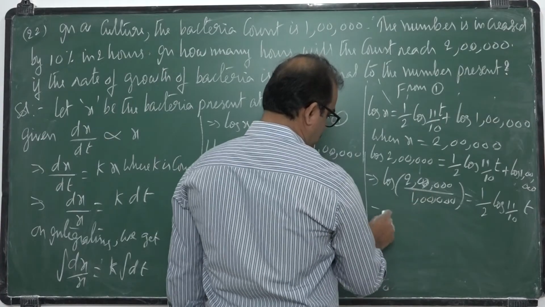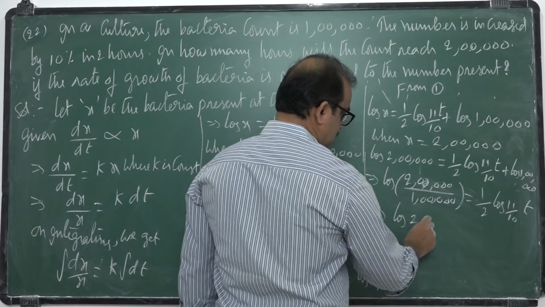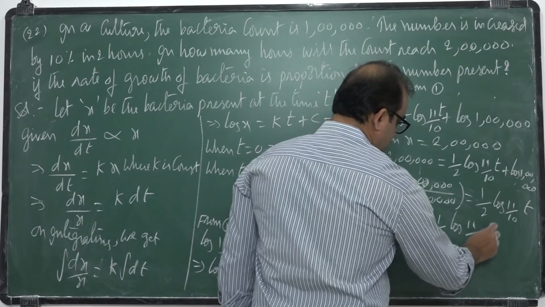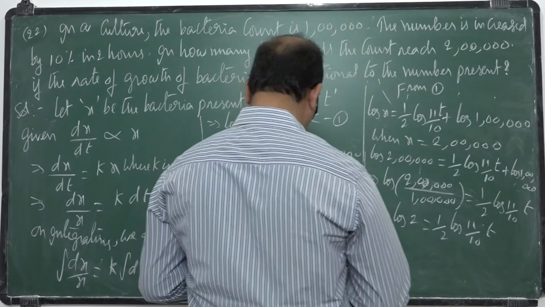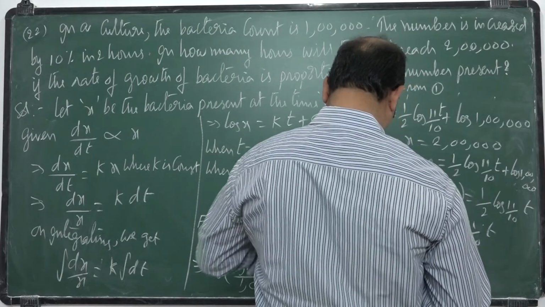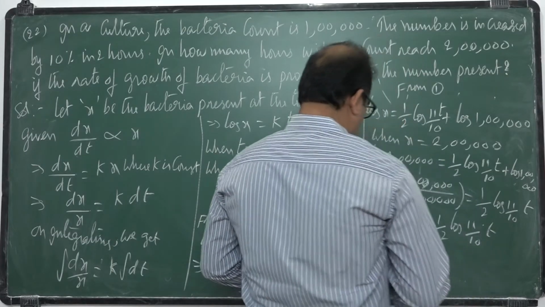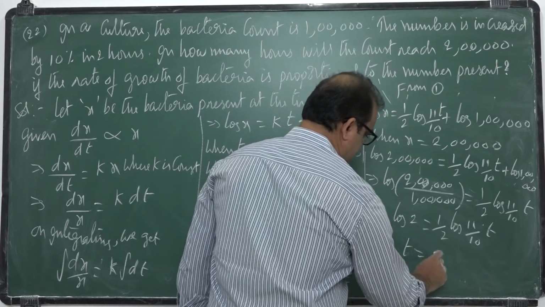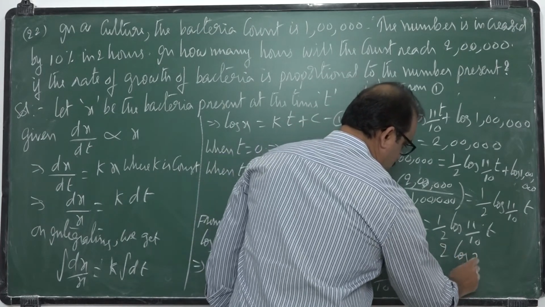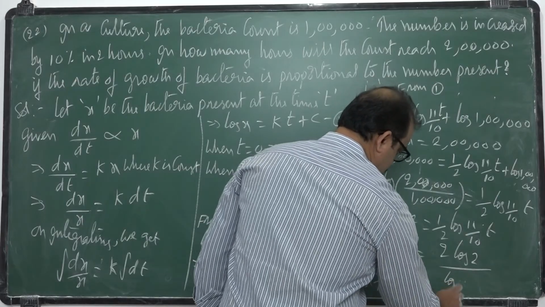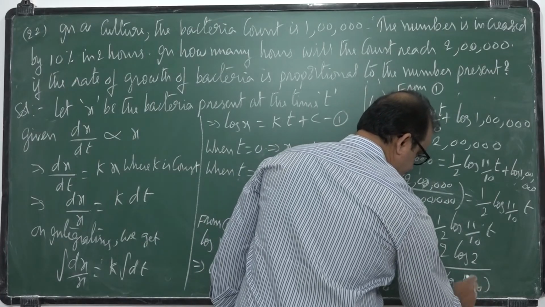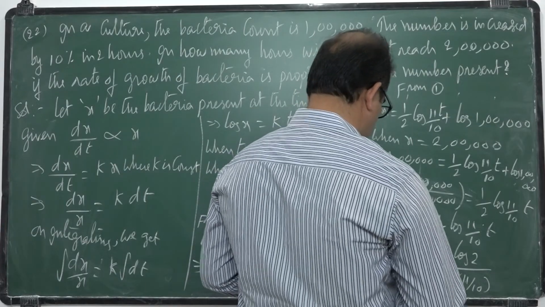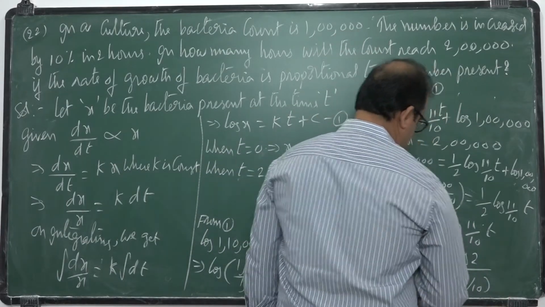Cancel, we get log 2 in LHS. Log 2 is equal to 1 by 2 into log of 11 by 10 into t. Then on cross multiplying, t is equal to 2 log 2 by log of 11 by 10. Write this t value.